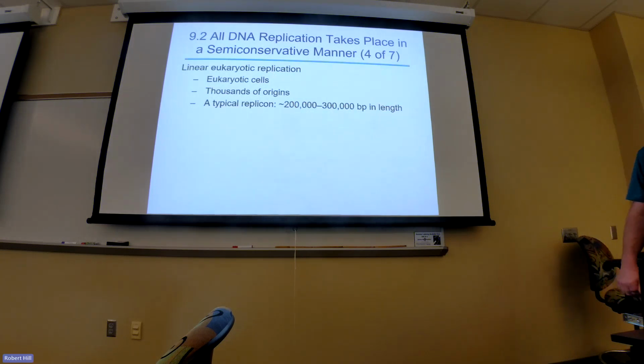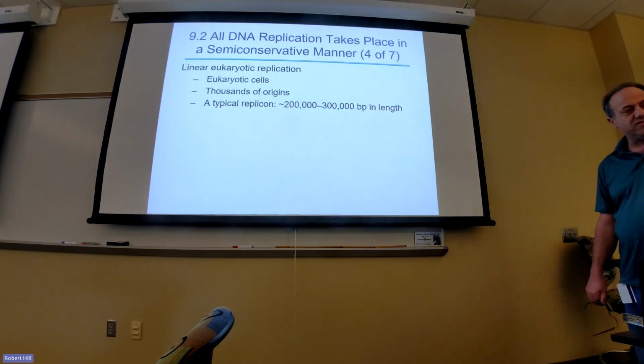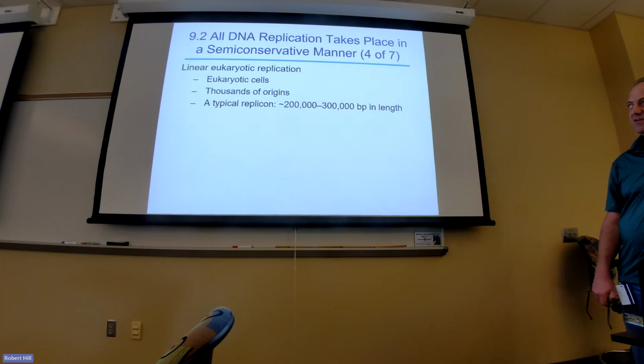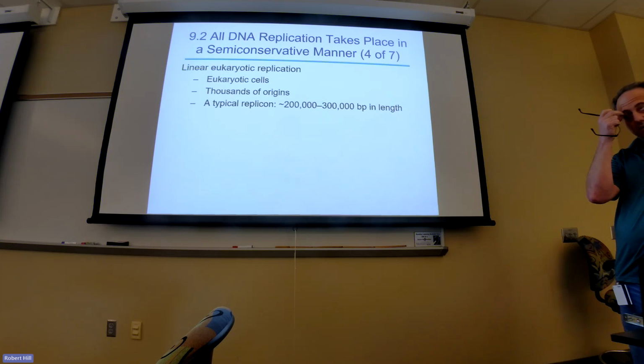All right, so linear eukaryotic replication is a little different because there's a lot more DNA. There are separate chromosomes, so you end up having thousands of origins of replication. A replicated unit is what we call a replicon.